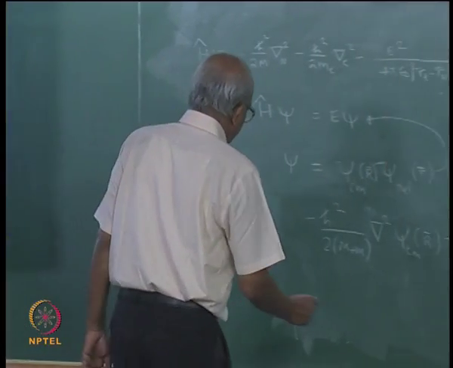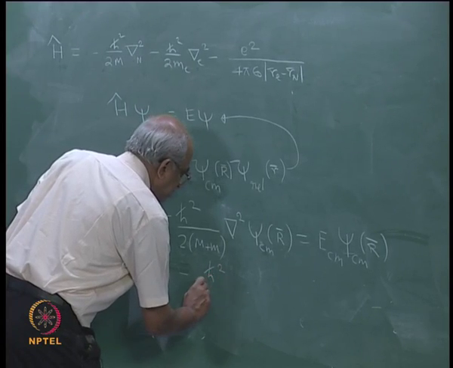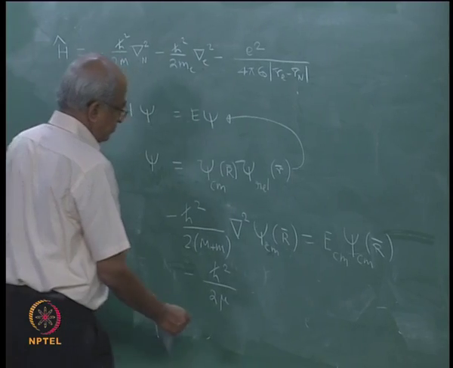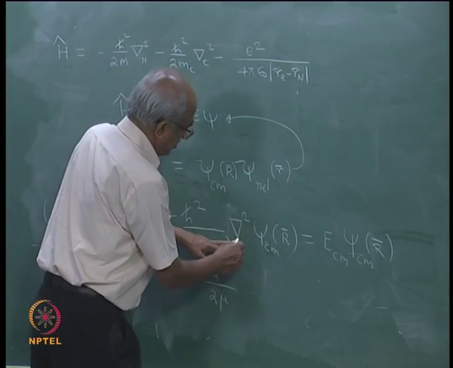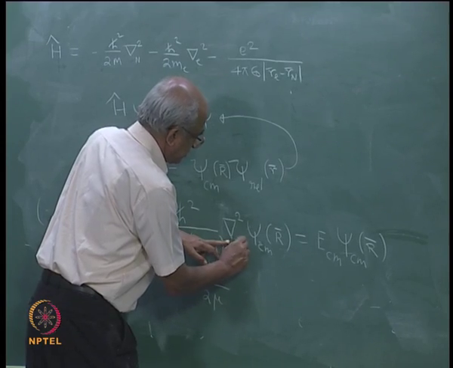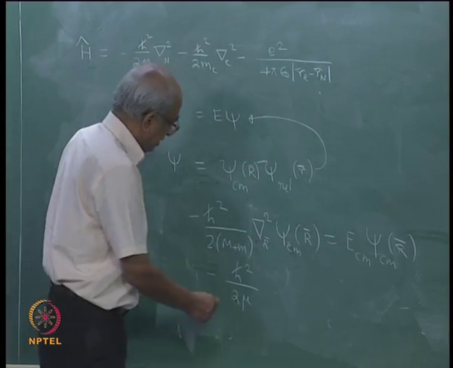And what will be the other equation? The other equation will be minus h cross square divided by 2 mu. Well, I have been sloppy here, I should write an r here, because this differentiation is with respect to the relative coordinates.